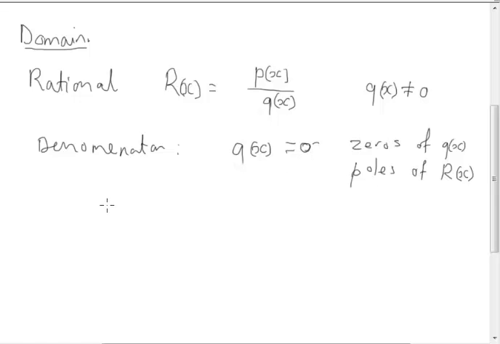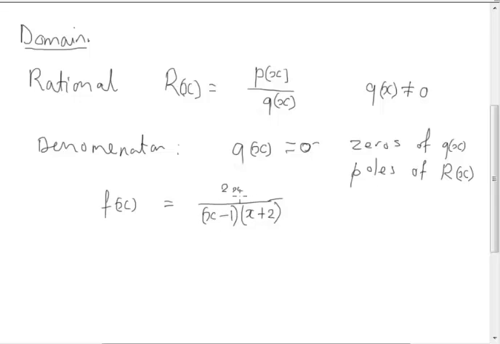Let's say we've got a rational function, which is equal to 2x over (x minus 1)(x plus 2). I'm giving it already factorized so that you can easily see what's happening.